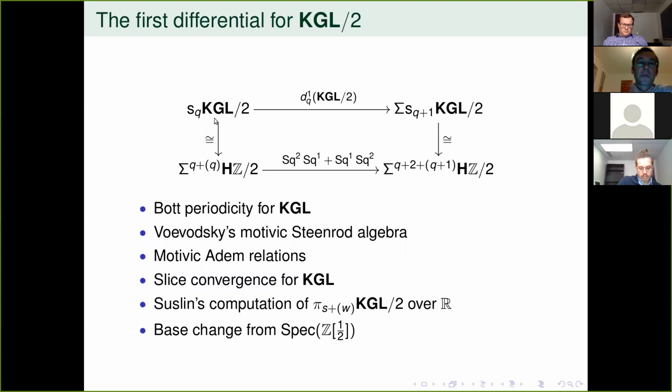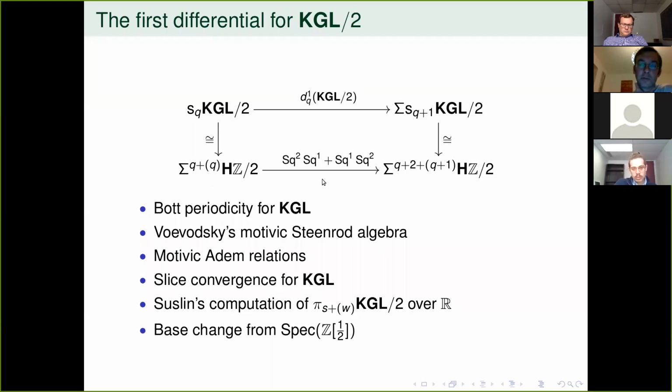And since the slices are triangulated, the slices are just mod 2 Eilenberg-MacLane spectra. And then you use Bott periodicity to conclude that you basically only have one differential. They are all the same up to some appropriate suspension.